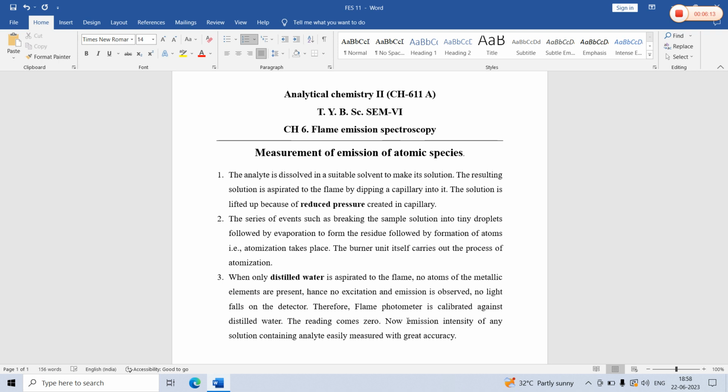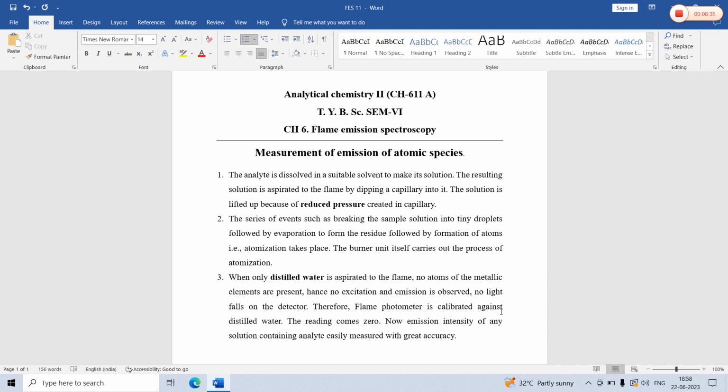If there is no atom, there will be no excitation, and if there is no excitation, there will be no emission, and therefore no light falls on the detector. The detector does not recognize any light unless an atom is present. Therefore the flame photometer is calibrated against distilled water. What is the purpose of distilled water here?